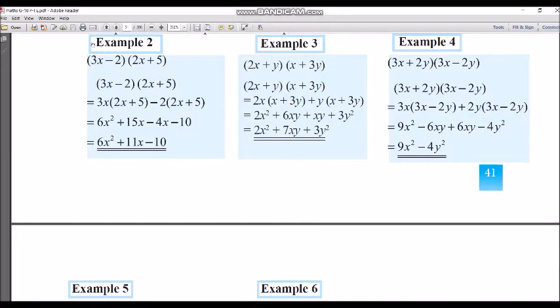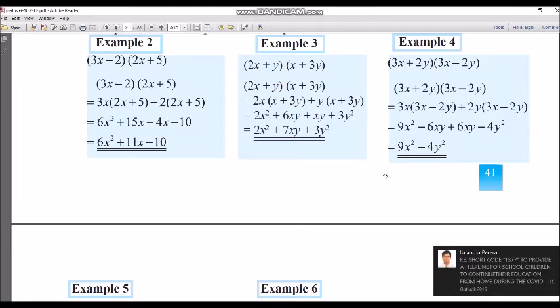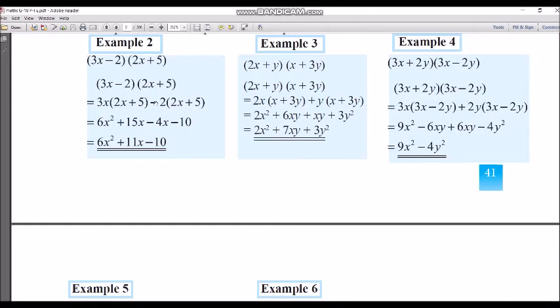First they have multiplied with 3x, 3x into 2x plus 5, minus 2 into 2x plus 5, and then they have done the simplification as we did in review questions: 3x into 2x, 6x squared, and 3x into 5, 15x, minus 2 into minus 2x, minus 4x, minus 2 into plus 5, minus 10, and then they have simplified it, plus 15x minus 4x, 11x.